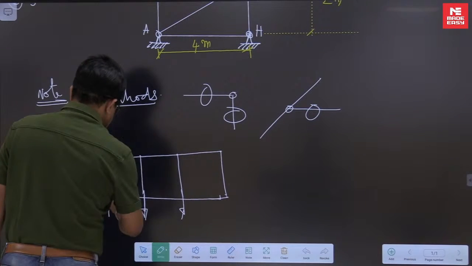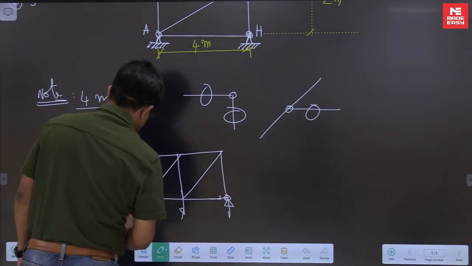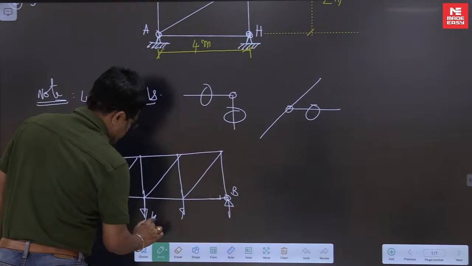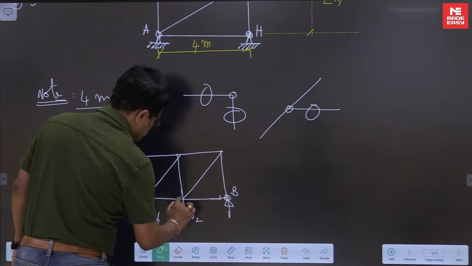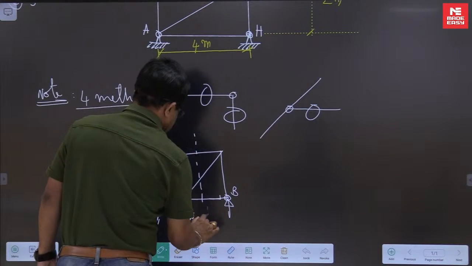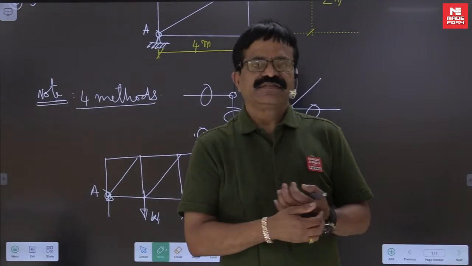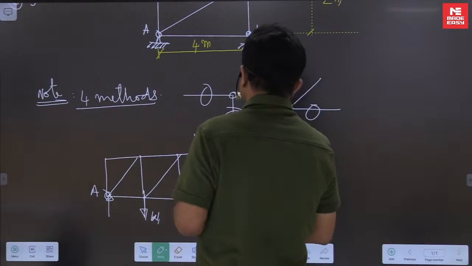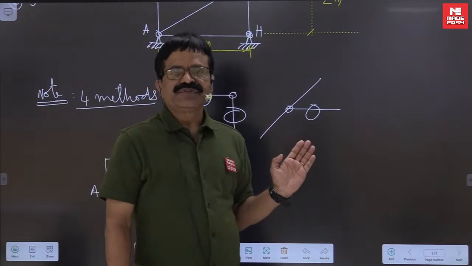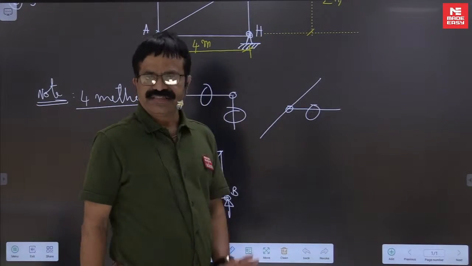Some loads W1, W2 are there. Similar to the beam shear, we have a panel shear in the first panel, second panel, like that. If panel shear force is zero in any panel, then force in the inclined member in that panel is zero.